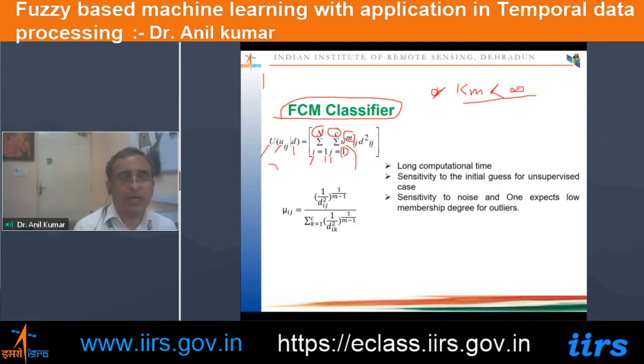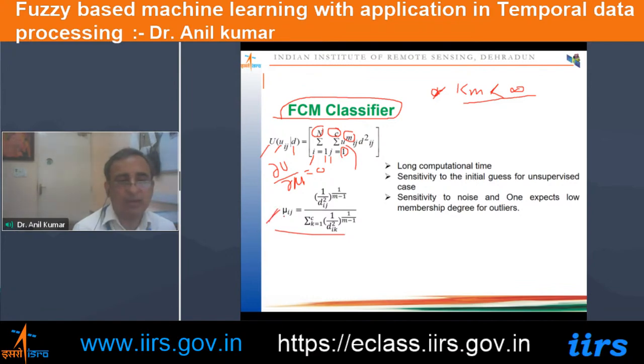If you partially differentiate this function with respect to mu and minimize it, you get this membership function. Somebody was asking in the previous session how to get the membership values 0.5, 0.2. From this mathematical expression you get the membership values.